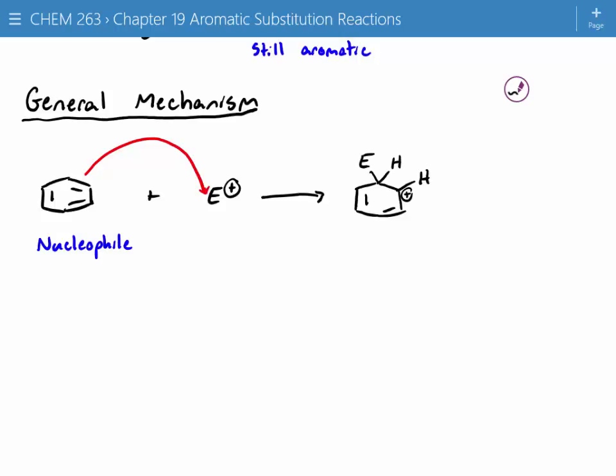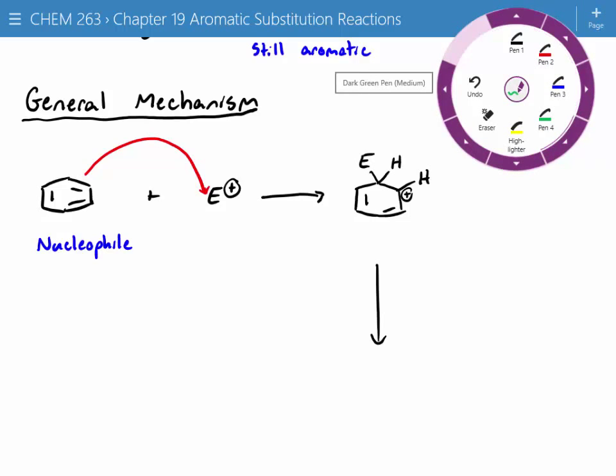So the next step is that we have to get back to being aromatic, because right here, we've broken aromaticity. This is a very, very unstable compound, right? It would be much happier being aromatic and not having a positive charge. And this compound actually has a very particular name.